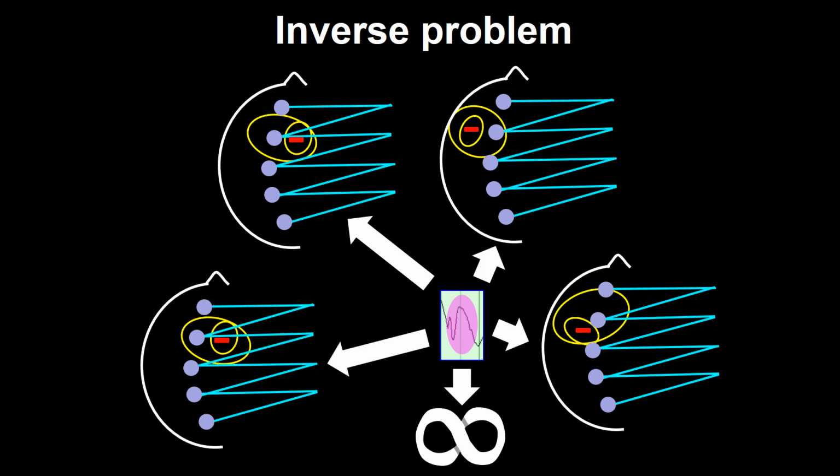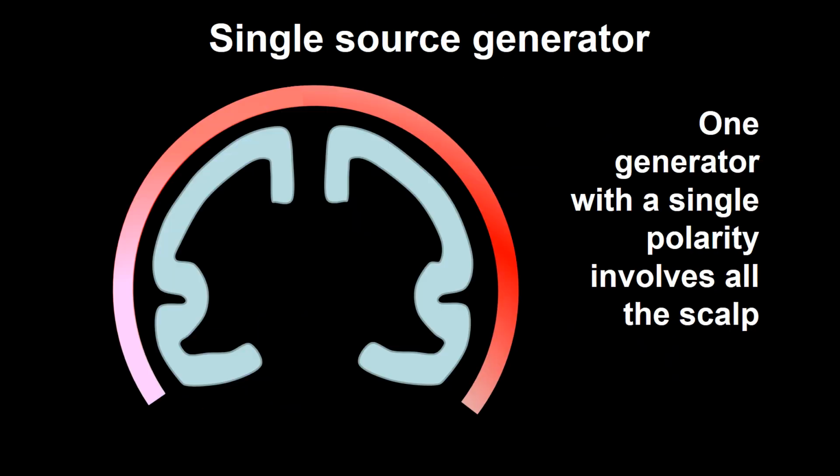Some of these assumptions are that at the moment of an electrical event, all the scalp electrical activity is the product of one generator with a single polarity facing the electrode, or at the most one generator with 2 polarities facing the electrode.